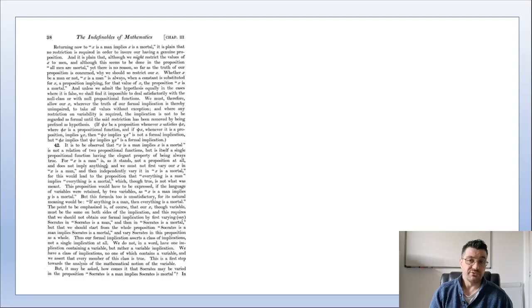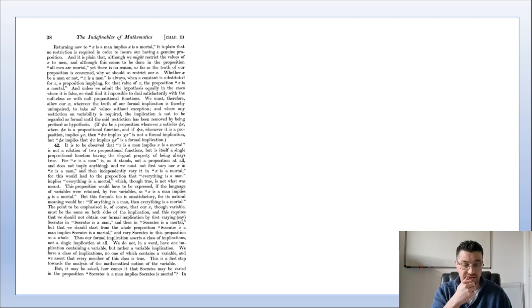We need propositional functions that are false for all values of X. Okay, we need these propositional functions so that we can talk about the null class.